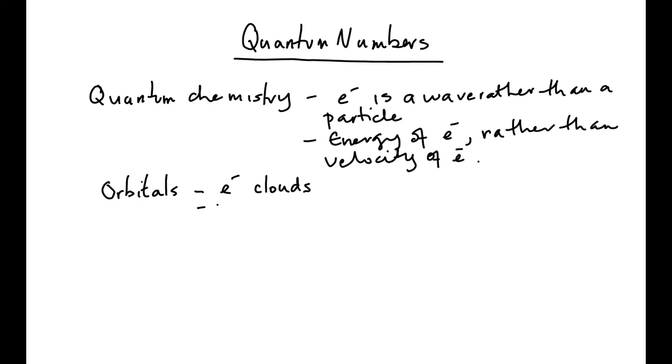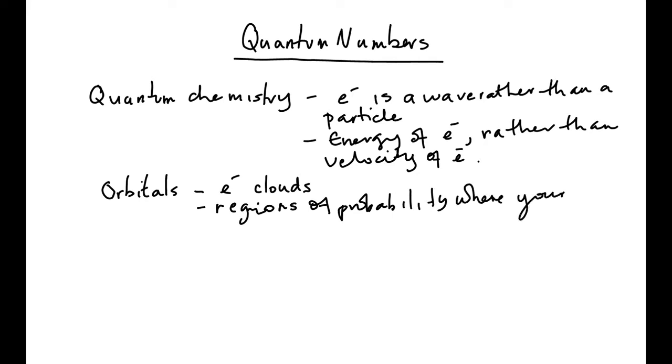They are regions of probability where you're going to find that electron. This probability is all mathematically based, so this is the wave functions, etc., that Schrödinger put forth.